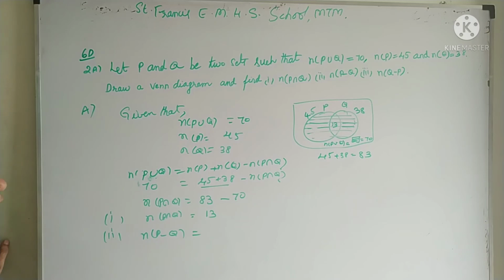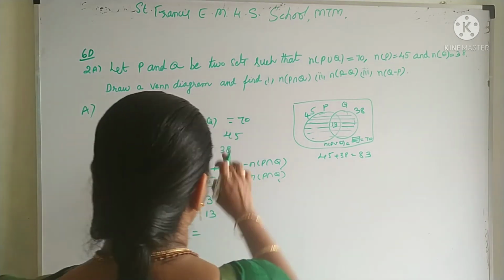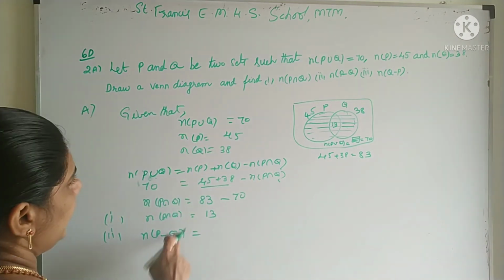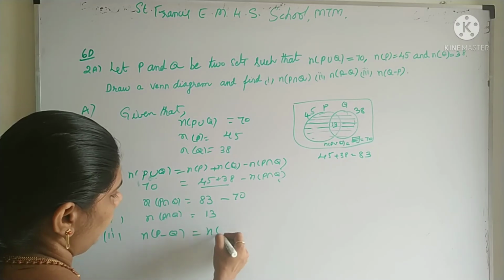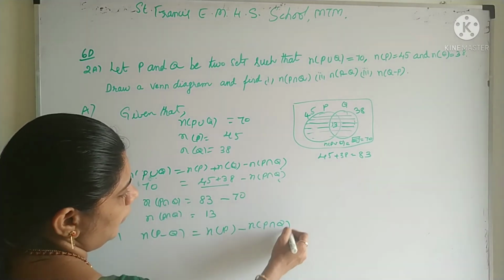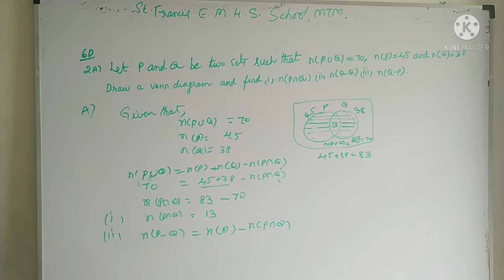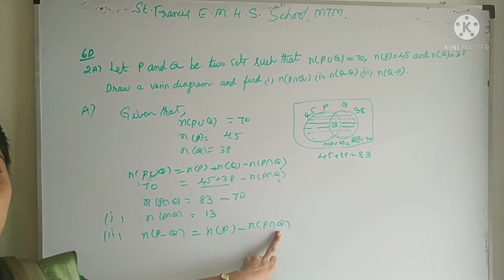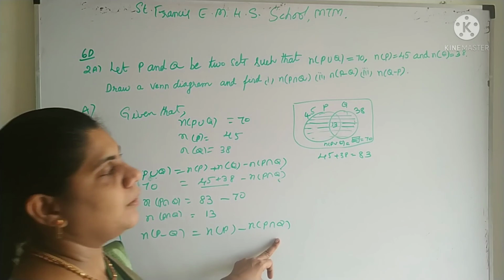Next one, P minus Q. What you have learned from the properties which we learned earlier: n(A − B) = n(A) − n(A ∩ B). Here also, from n(P), you should eliminate the elements that are common to the P and Q sets, those common to both sets.